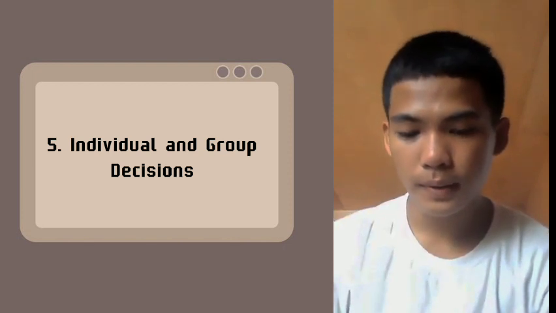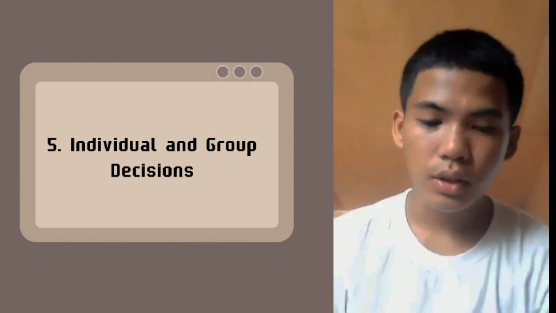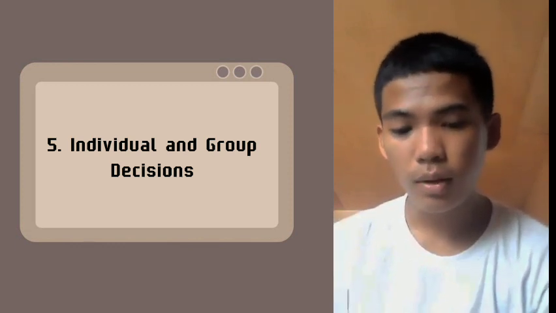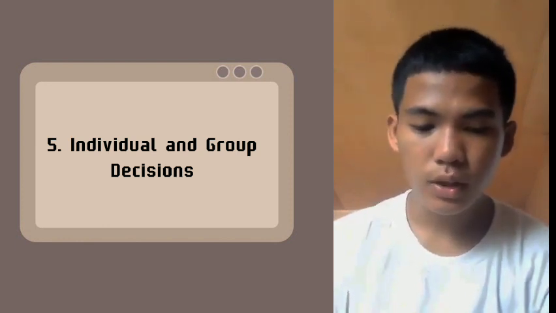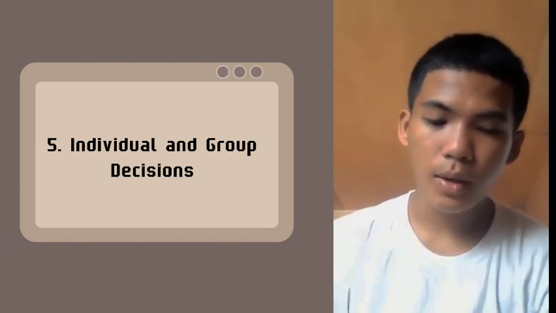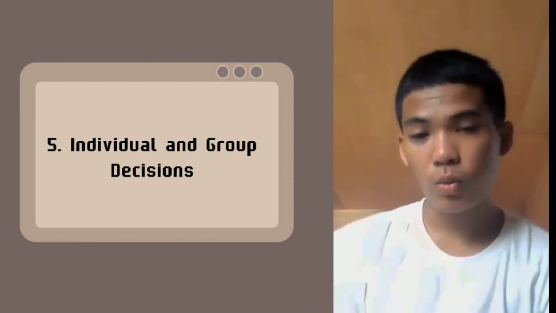Number 7, monitor and evaluate the outcome based on the criteria identified. Evaluate whether the decision was successful. If not, revisit step 4 to evaluate the other options or generate new ones.